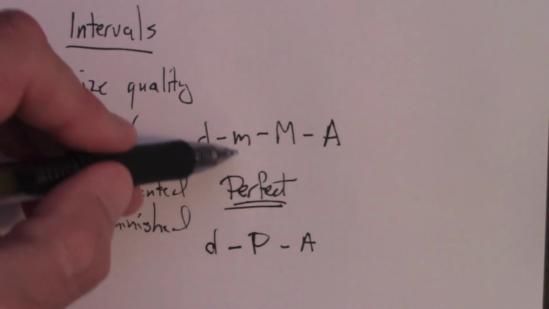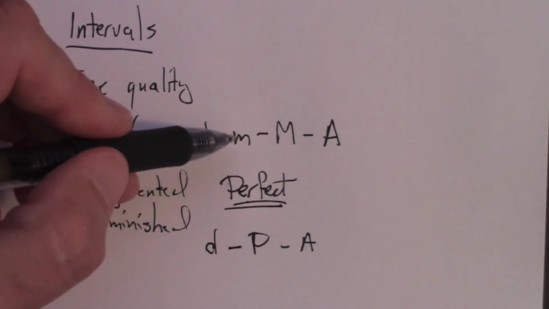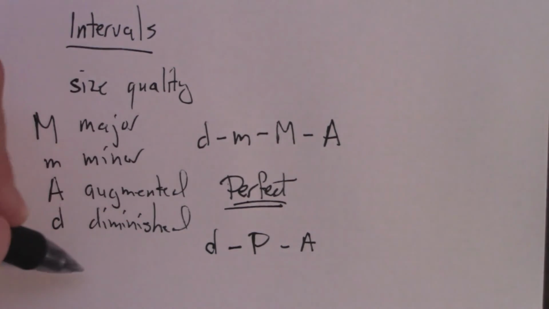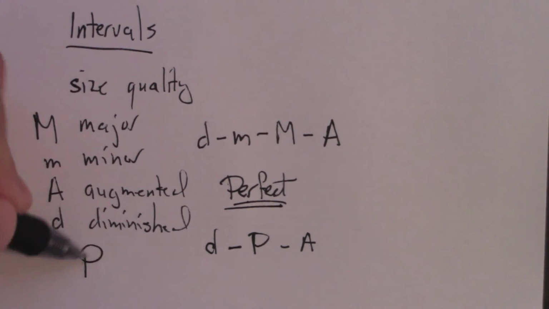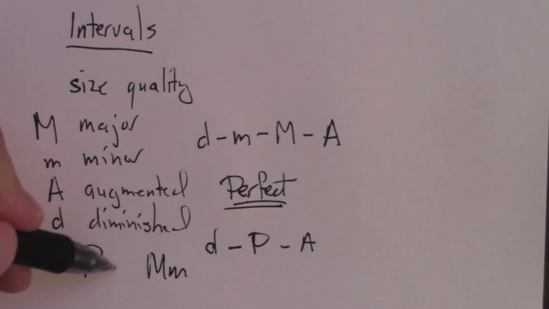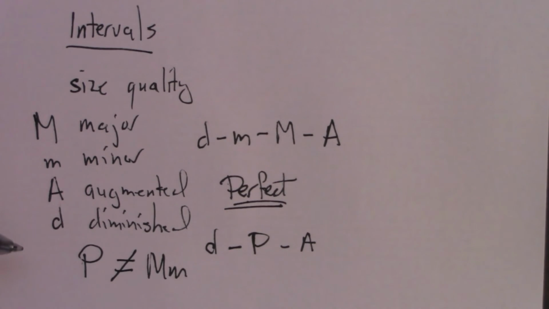Perfect intervals cannot be major or minor. These are two different things. So, perfect, major, minor, not equal. Very different. And next time, we'll talk about specifically what this means.